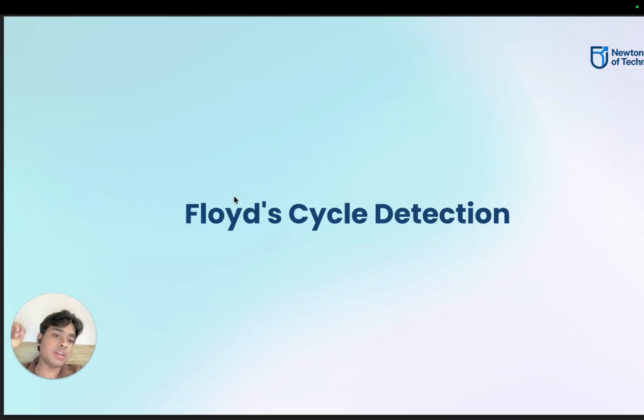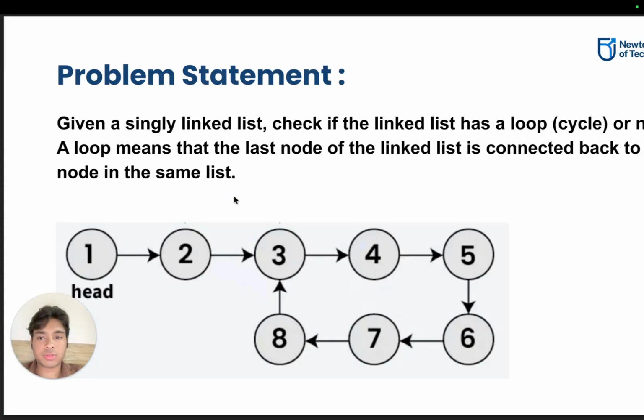Followed by circular linked list, so we will go through one problem. Given a singly linked list, check if the linked list has a loop, or circle. A loop means that a node of the linked list is connected back to a node in the same list.